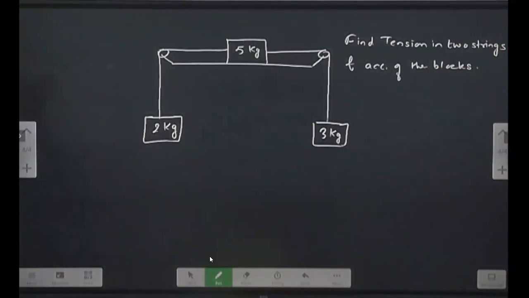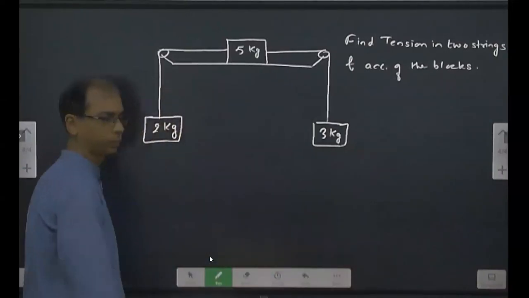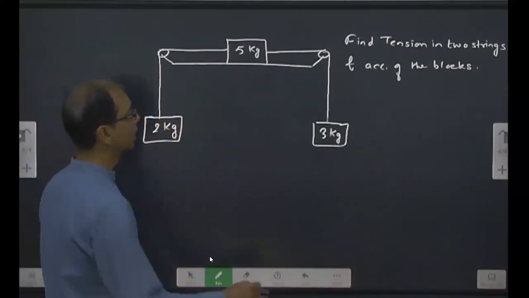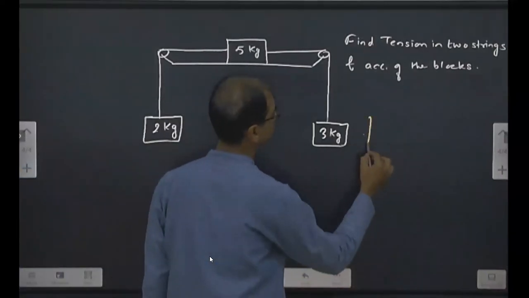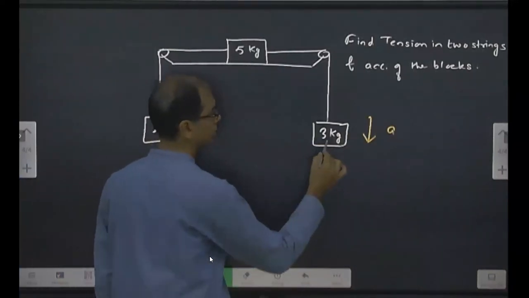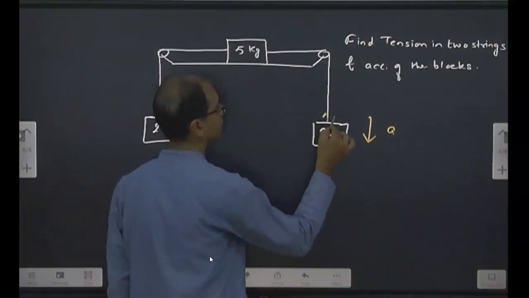Done? Yeah. Tell me now in which direction, who is the pulling force? 3 kg is pulling or 2 kg is pulling? 3 kg. 3 kg is going to pull. So if 3 kg is going to pull, I can say that acceleration will be down. Okay. Let's make it. This is 3g. And here tension is T1.